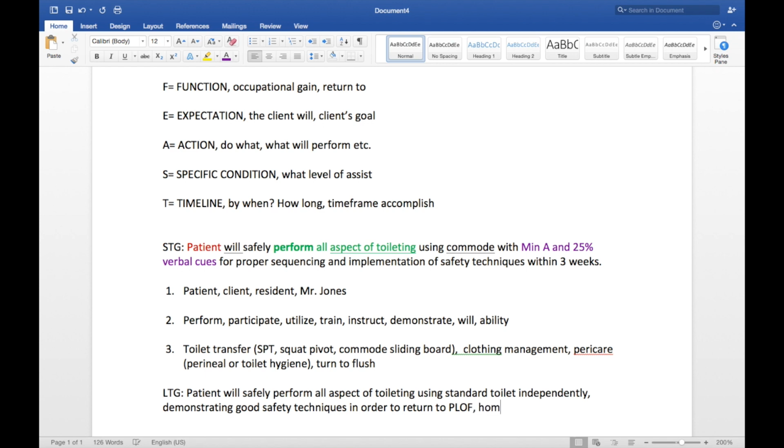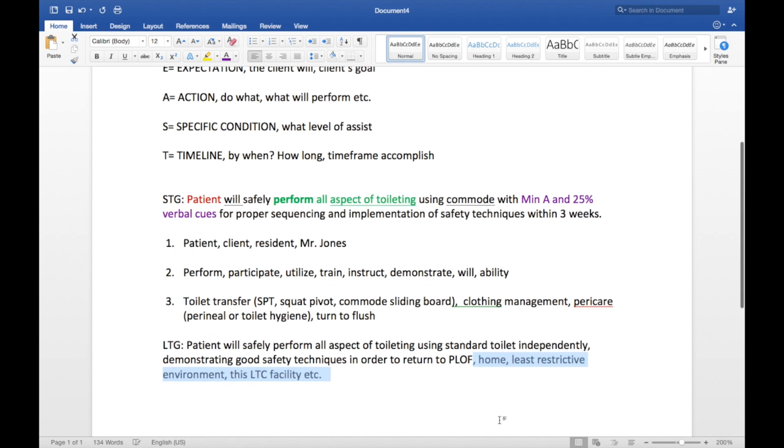You can always say return to home, least restricted environment, or even this long-term care facility. It's up to you. It depends on their discharge plan and what their ultimate goal is. But I'm going to just leave it with PLOF, which is prior level of functioning.